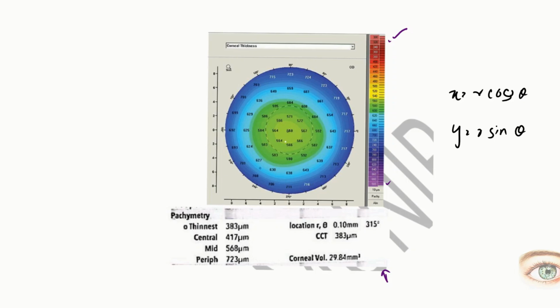Now let's say the x is 0.7 and the y is minus 0.7. What is it going to tell us? The y value is negative, which means that it is inferior. It is going to lie somewhere right here, and the x is plus 0.7, which means that it is going to lie somewhere over here.